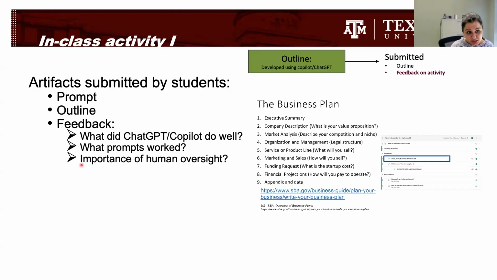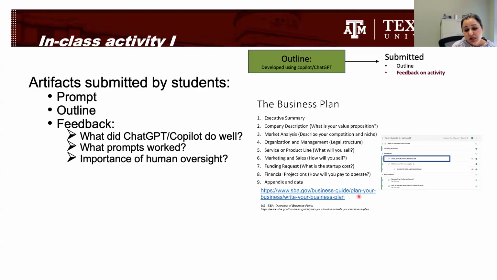But before they submit these feedbacks, I told them to look at the guidelines that I uploaded on Canvas for them. So these were the guidelines that I wanted them to follow. So what were the important parts that I wanted them to have in their business plan?